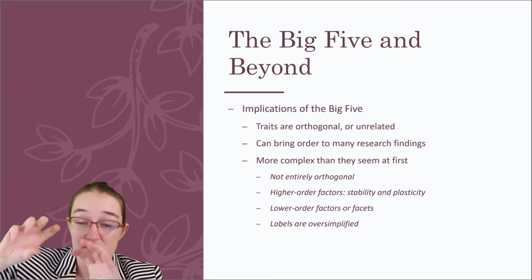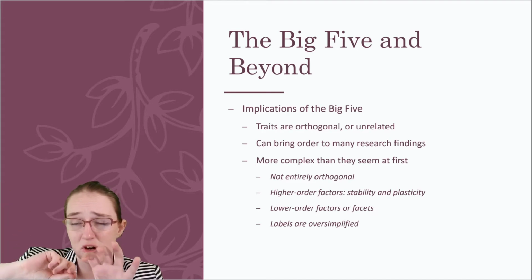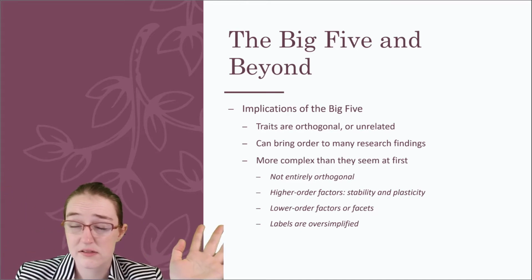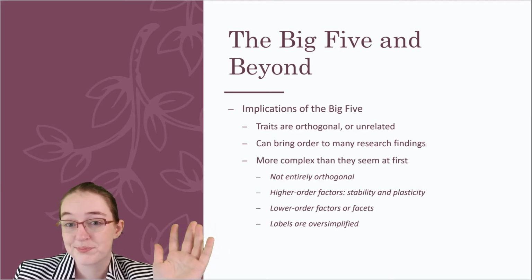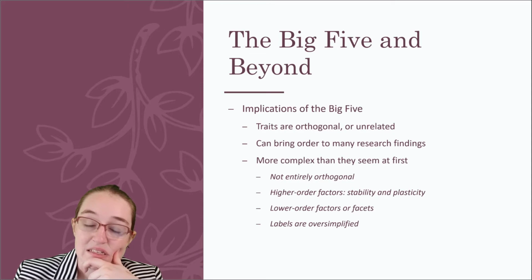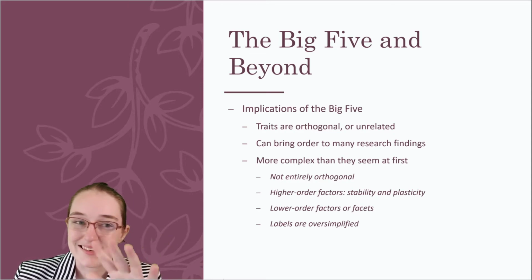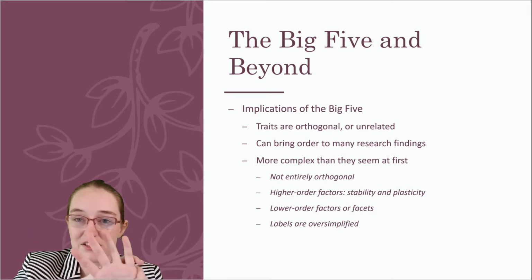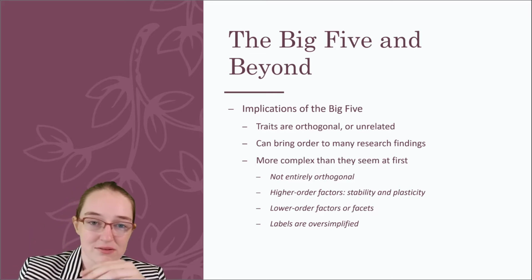The fact that you're high on one doesn't tell us anything about any of the others, in theory. There's debate on this, so we'll talk more about it. But that's the idea: all these 5 are unrelated to each other.